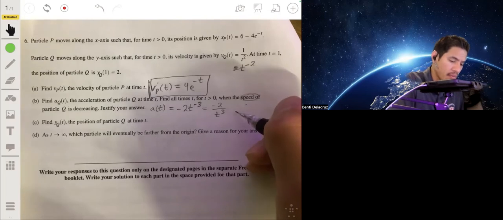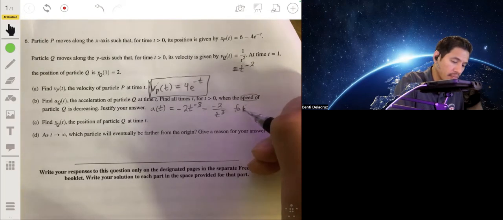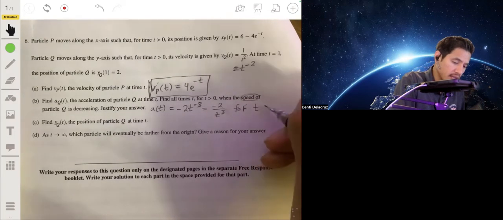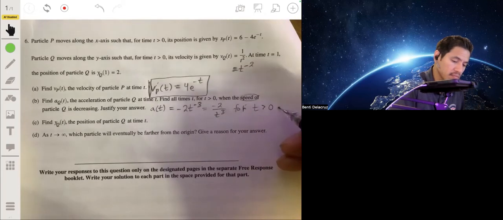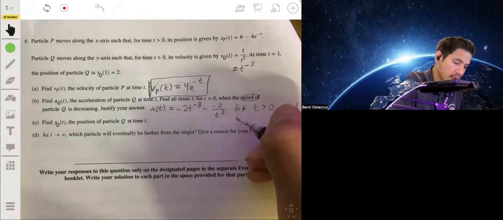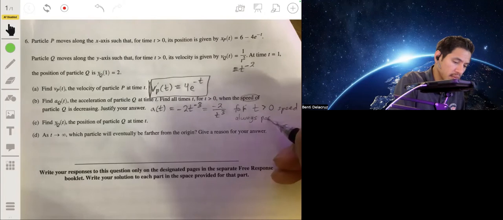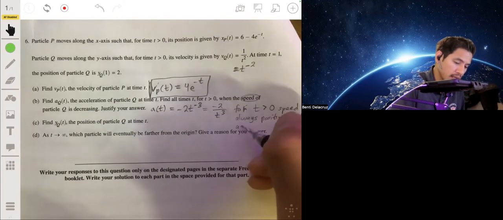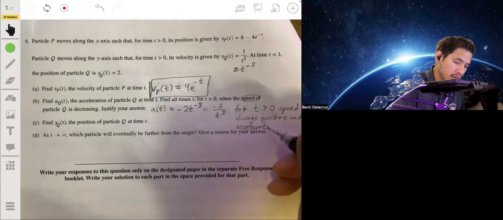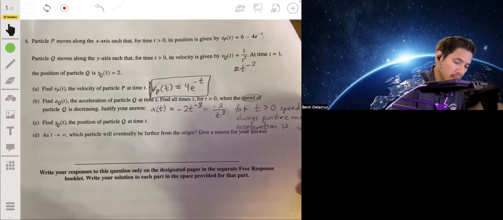So that's right. For t greater than 0, velocity is always positive, and acceleration is always negative.